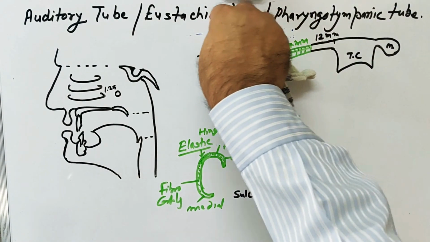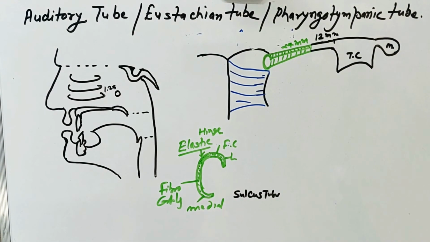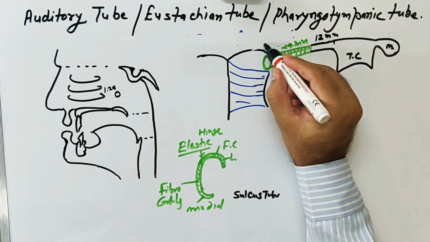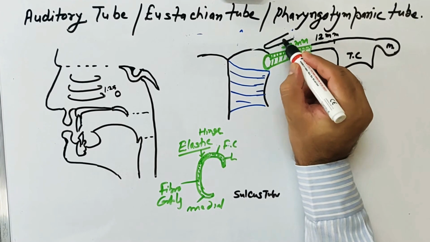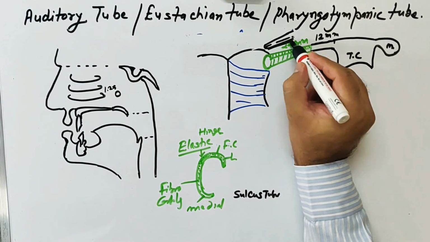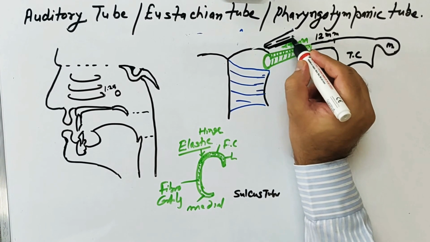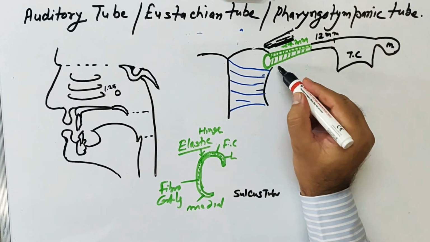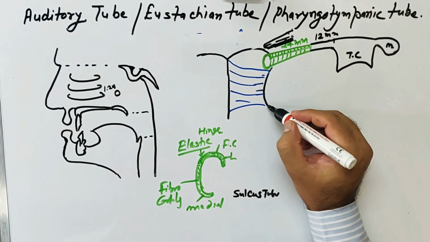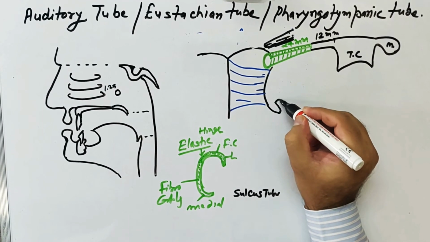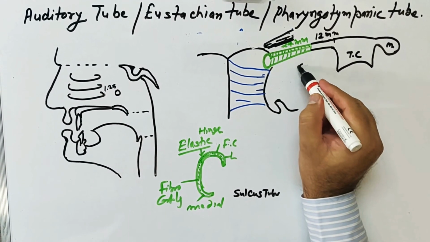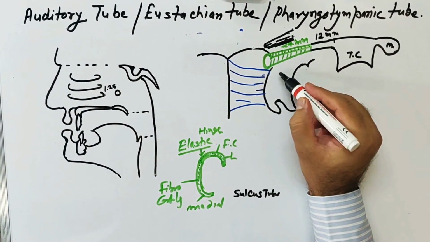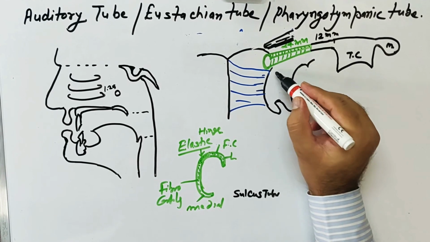So if you make a diagram here, this is the petrous temporal bone, this is the greater wing of sphenoid, and this is the pterygoid plate.